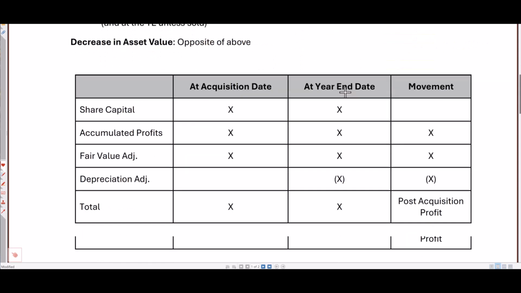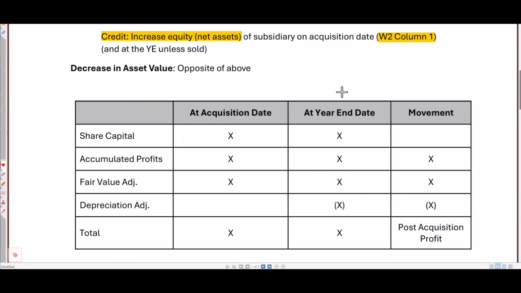Okay, so where's that going to go? So here's an example. In working 2, column 1, we have a fair value adjustment here. So for my example, I would be putting it in here. So that would be an adjustment of 200 to increase the net assets on acquisition. So when I add that up, the increase is going to be reflected in the total.